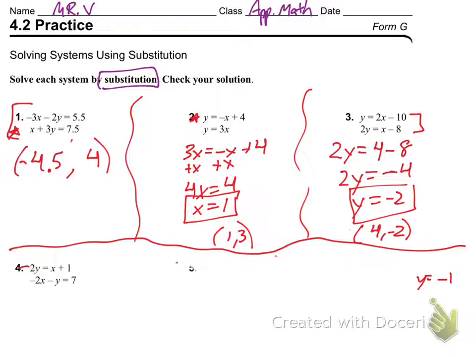So I'm just going to plug in 2 times, and then plug my y in, which would be negative 1, is equal to x plus 1. So that'd be negative 2 is equal to x plus 1. And I'm going to get the x by itself, so I'm going to subtract 1 on each side. So x is going to equal negative 3. So my final answer is going to be (negative 3, negative 1).